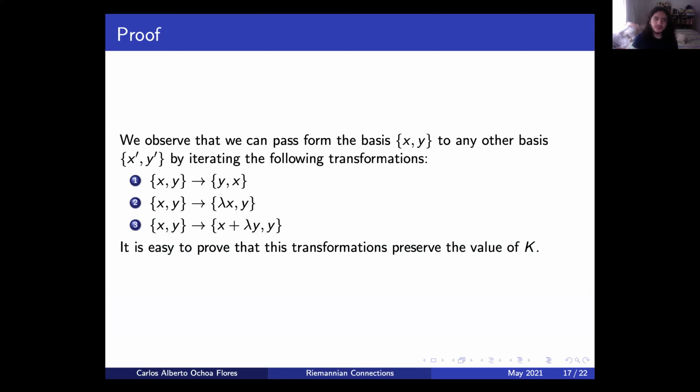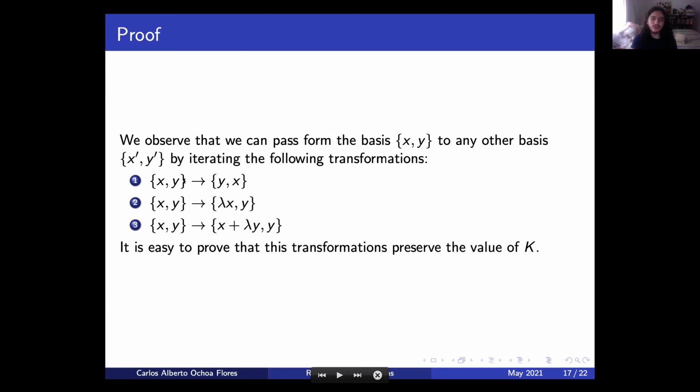So for proving this, we observe that given a basis, we can pass to any other basis simply by iterating the following transformations, these ones here. And then we observe that these transformations preserve the value of k.